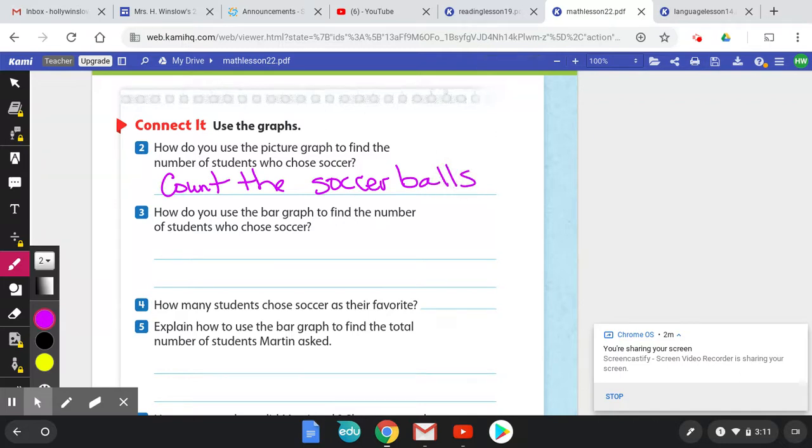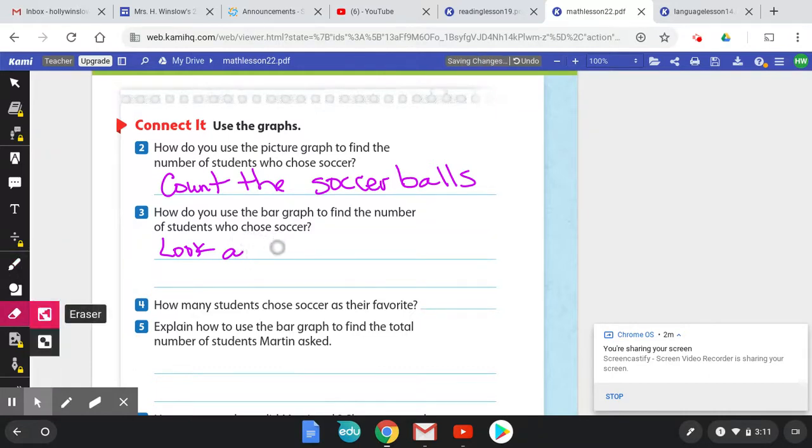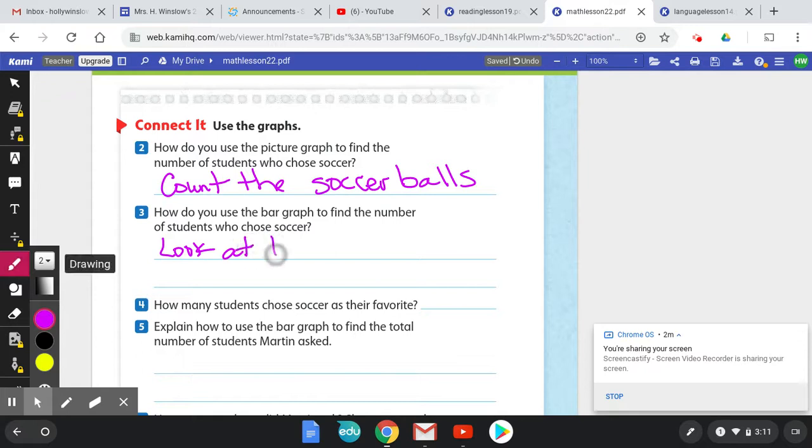And how do you use the bar graph to find the number of students who chose soccer? You look at the bar above soccer.